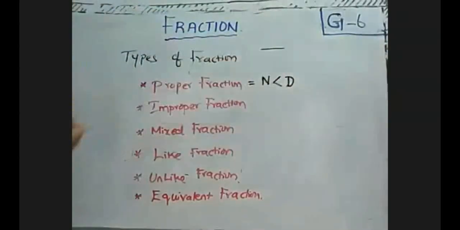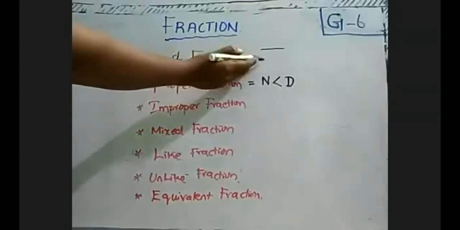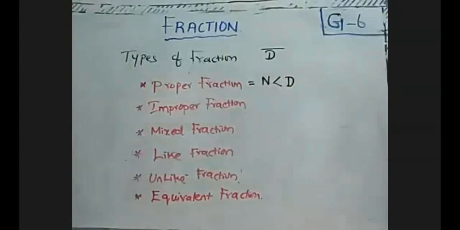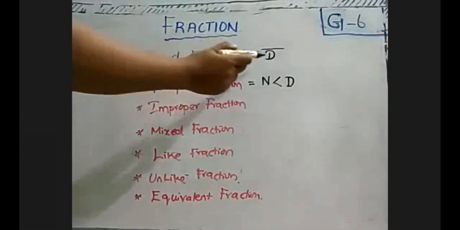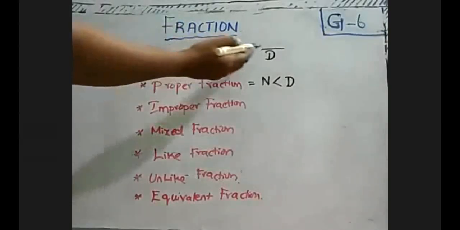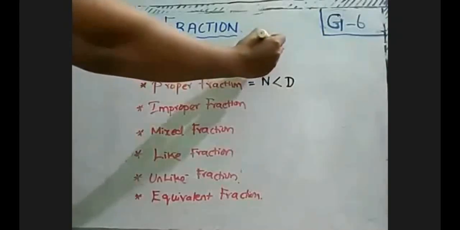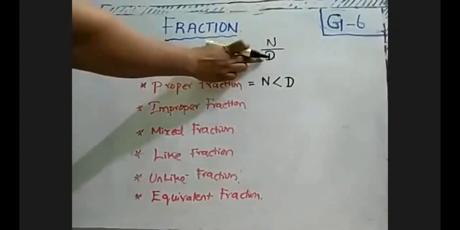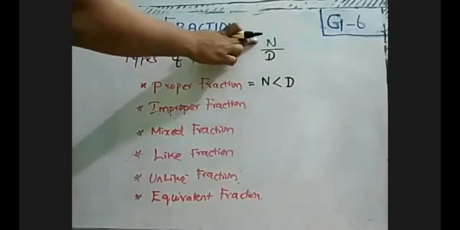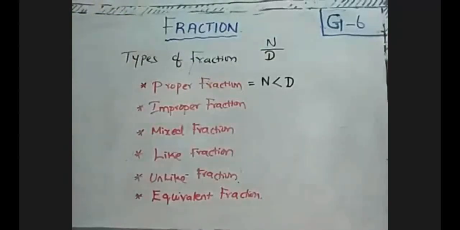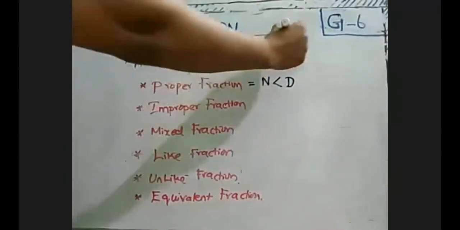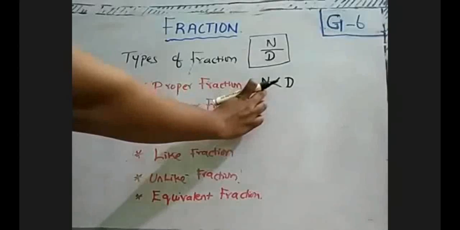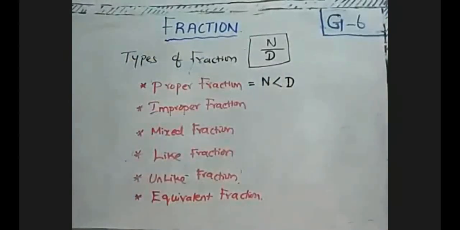When a line is there, the part below the line is called the denominator. The total parts we are writing, that is called the denominator. The part above the line, how much we used, that is called the numerator. So now proper means the numerator must be smaller when compared to the denominator.